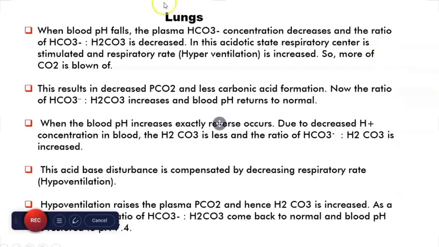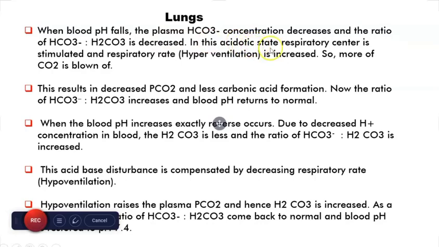And so now, when the blood becomes acidic, the plasma hydrogen carbonate concentration decreases, and the ratio of hydrogen carbonate ions to carbonic acid also decreases, and so the body becomes in a state of what?